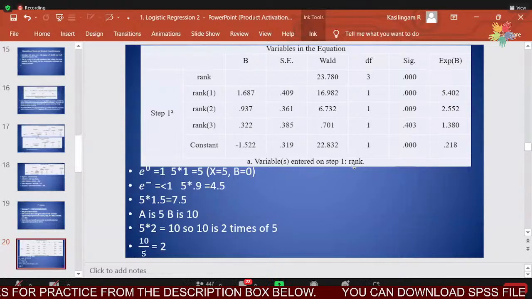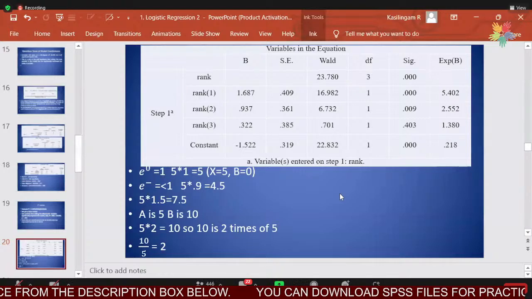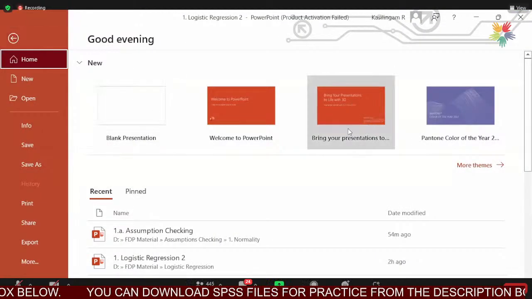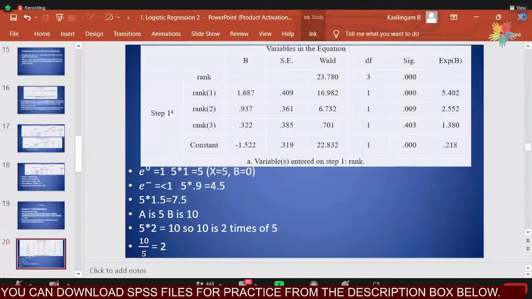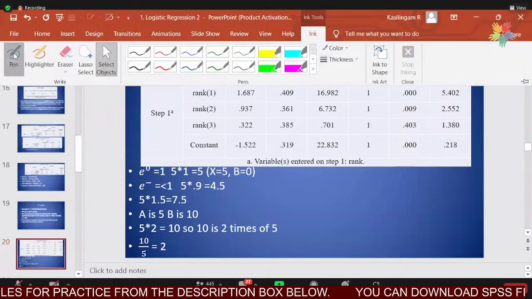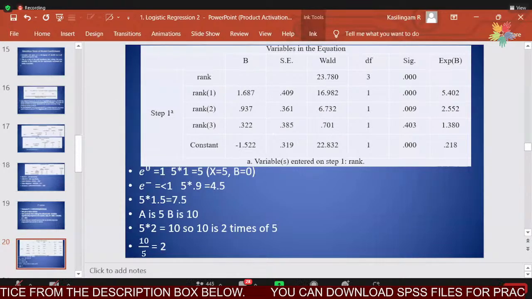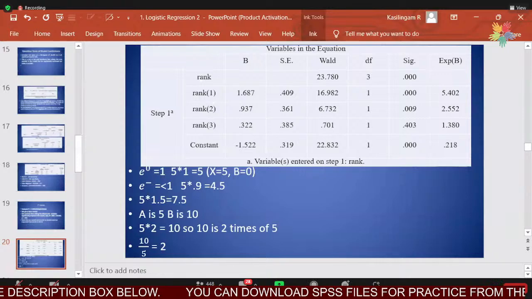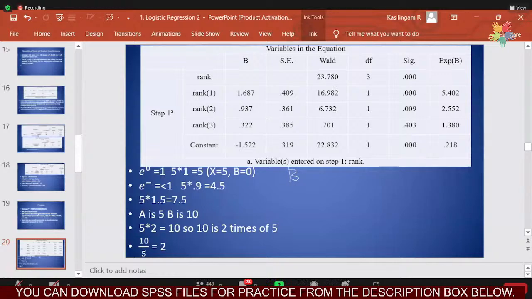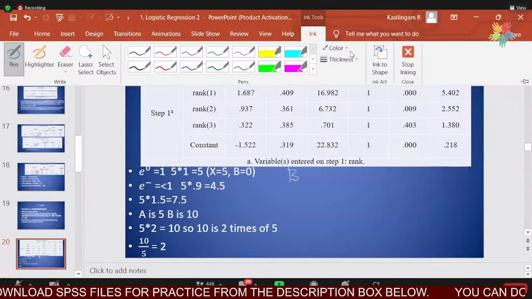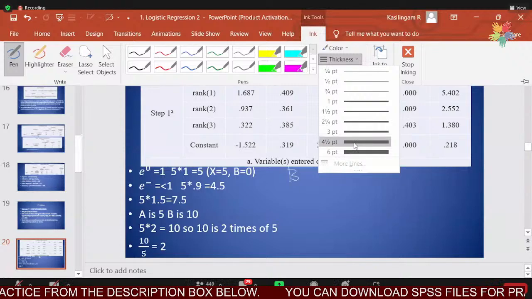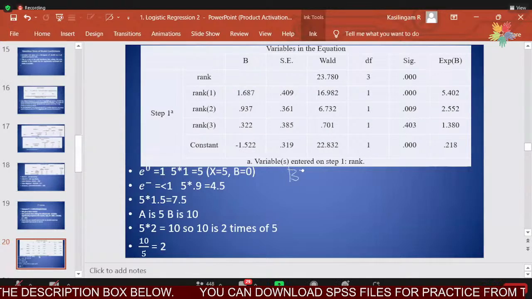When the beta is 0, my exponential of 0, let me write it down to see whether I am writing it right.